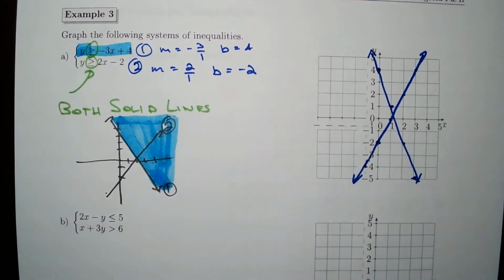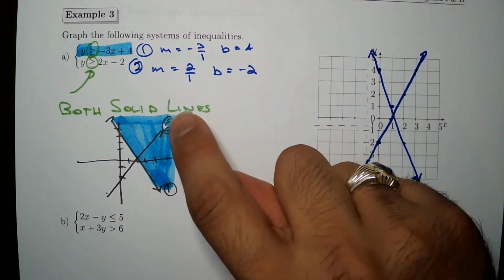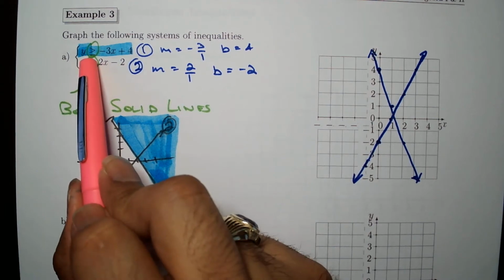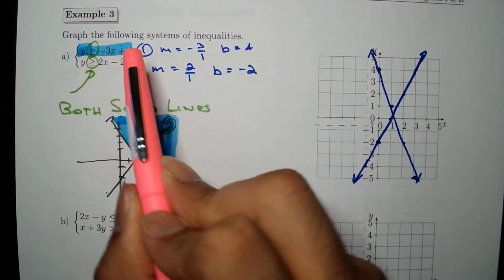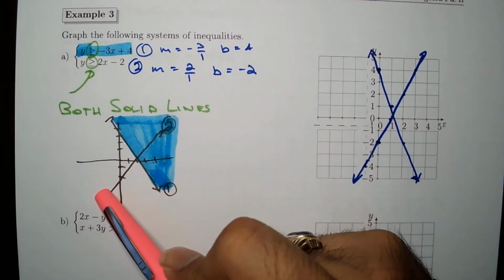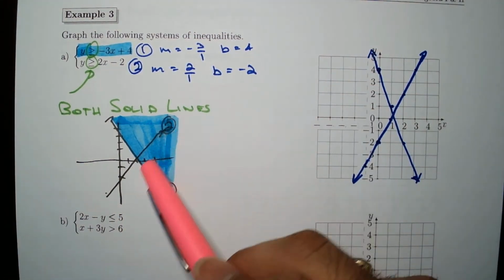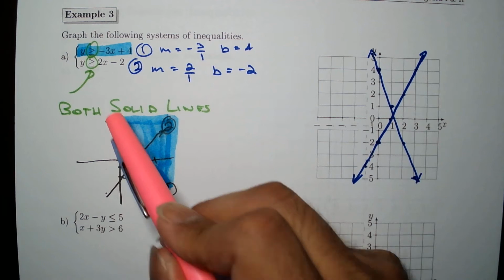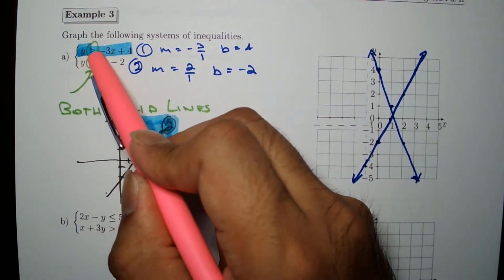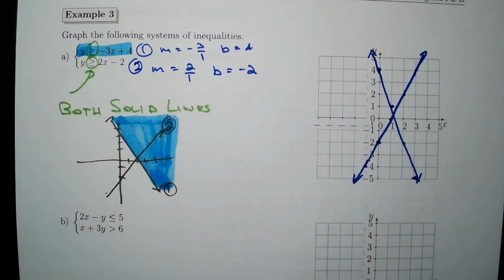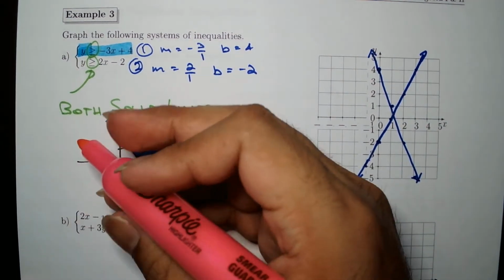And then I'm going to look at the other line, y greater than or equal to x minus 2. This line right here divides the Cartesian plane into one region and another region. Because it has greater than or equal, I'm going to shade above, not below, and I'm going to use the other color.